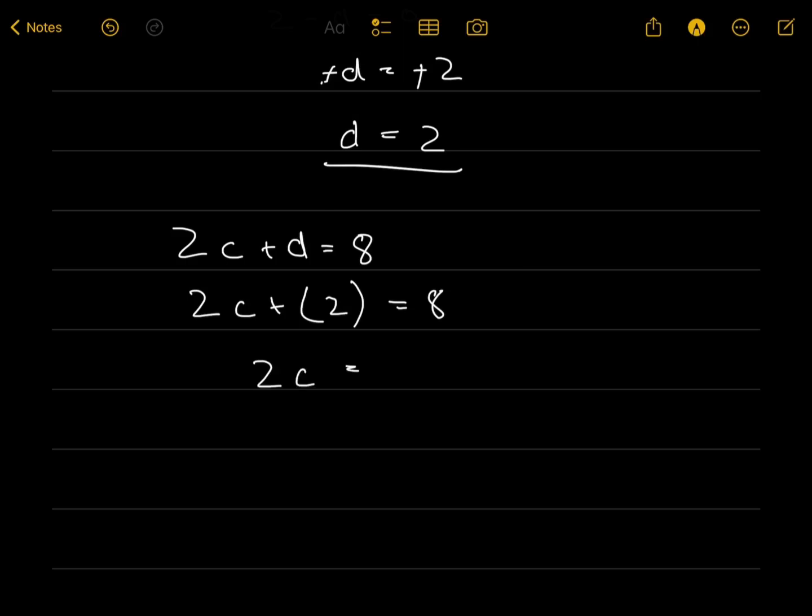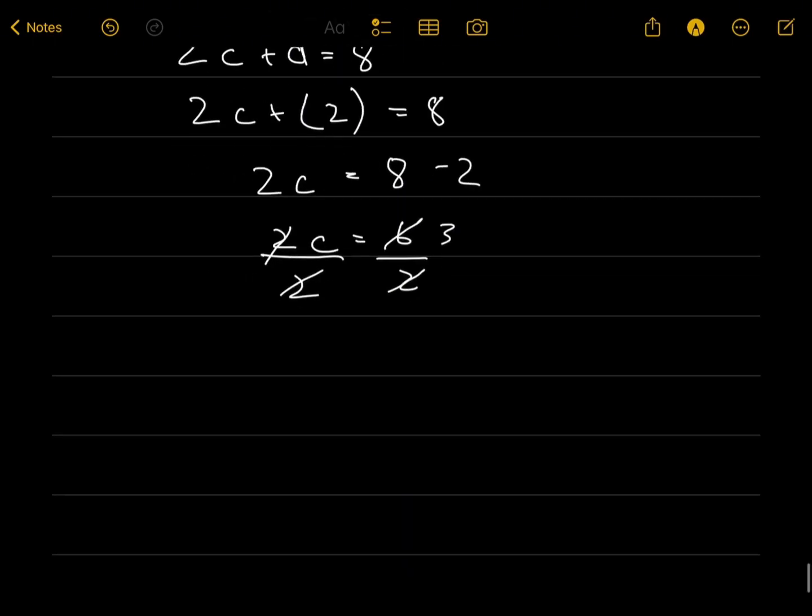So subtracting 2 from both sides, 8 minus 2, this is 2C equals 6, and then dividing by 2 on both sides, we get 3 here. So C equals 3. So with this question number 7, we reached the end of this exercise 1.1.